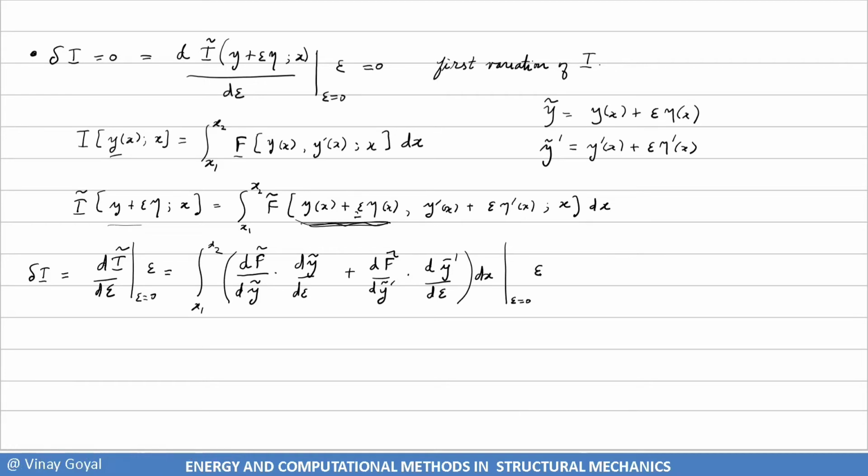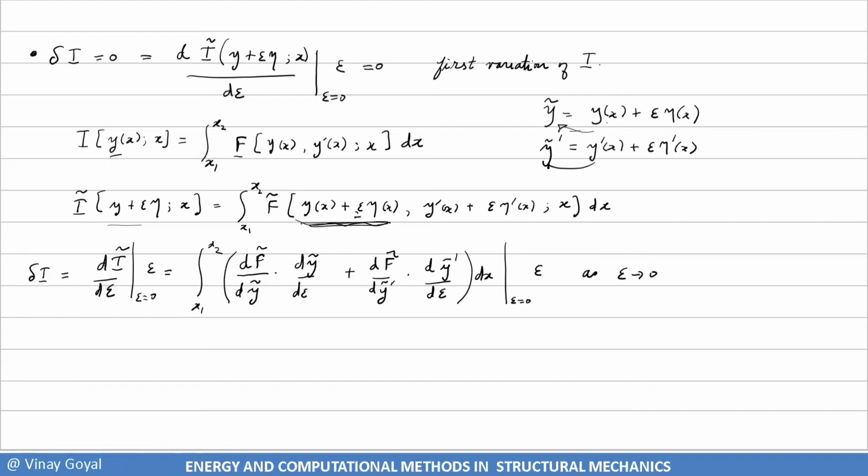And I'm getting there. Notice that as epsilon approaches 0, then y tilde tends to y, and y tilde prime tends to y prime. And so that's very neat. And we're making great progress right now in how to find that function that minimizes a functional I.